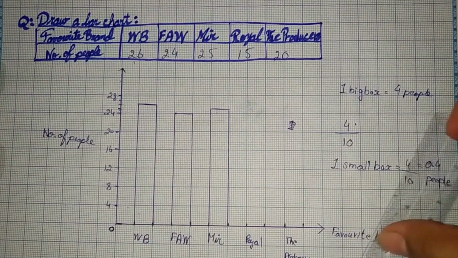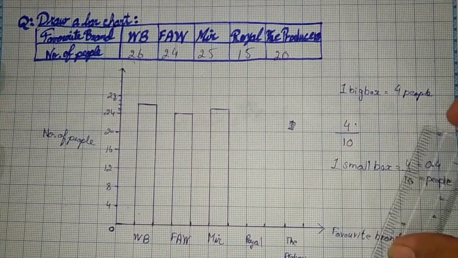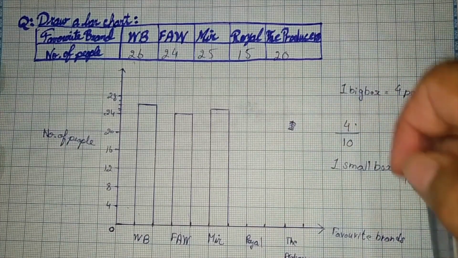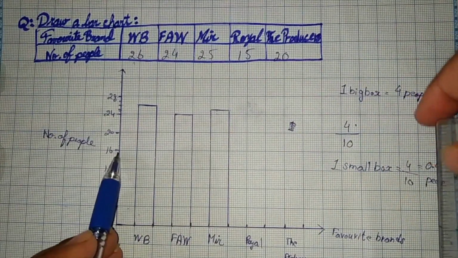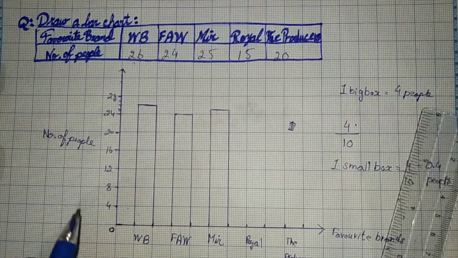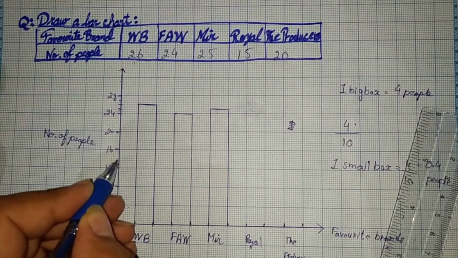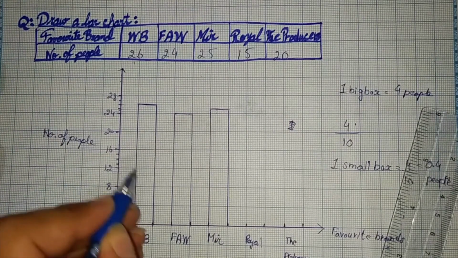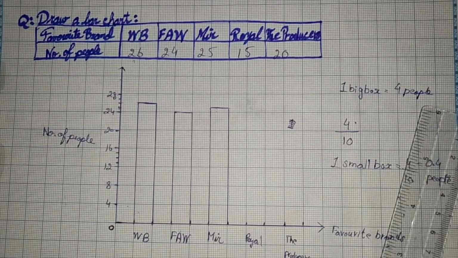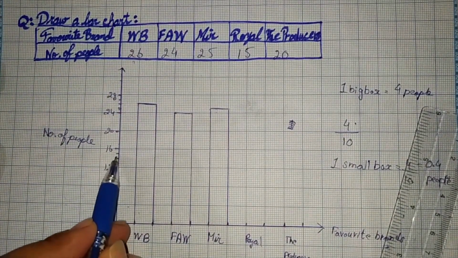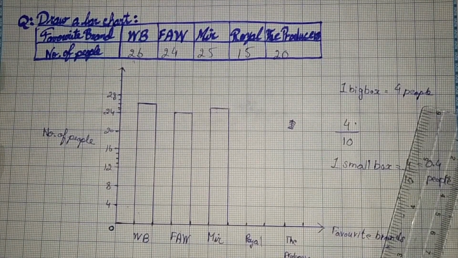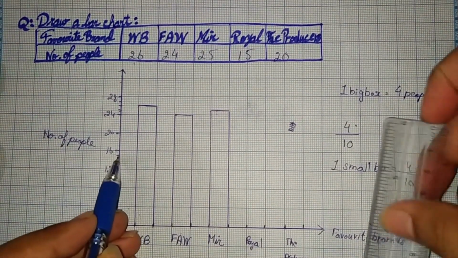Clear? Now we have Royal. Here we have 15. So it means that it will lie below 16. If we have 12, here will be 13, 14, 15 and 16. It means that 15 will lie here.